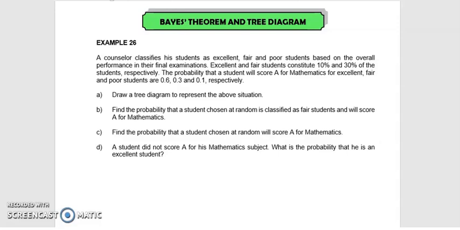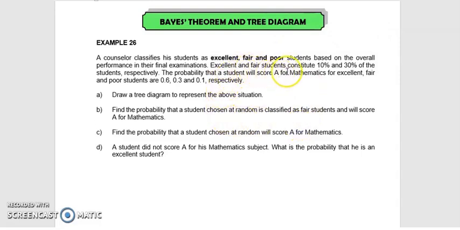Okay, now let's look at this example. A counselor classifies his students as excellent, fair, and poor students based on the overall performance in their final examinations. Okay, so here we have one point here: excellent, fair, and poor students.